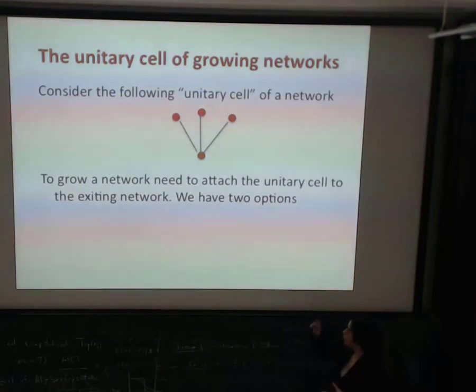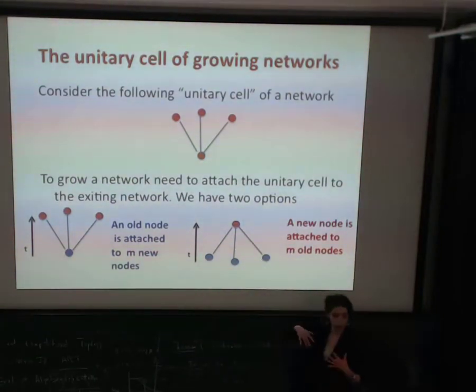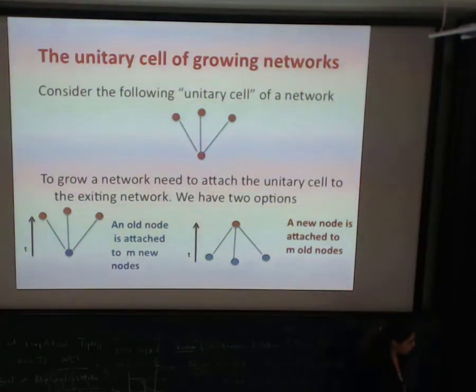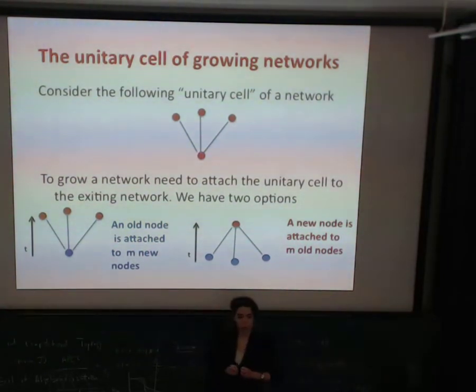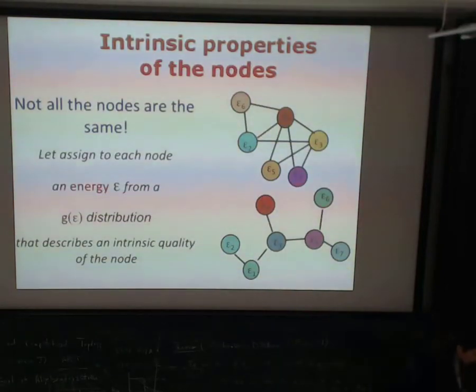You have one node and M links, and you might think that there are 2 possible ways to attach this unitary cell to a network. One way is the BA model, in which you have one new node that is attached to M old nodes, and the inverse, in which you have one old node which gives rise to M offspring, new nodes.